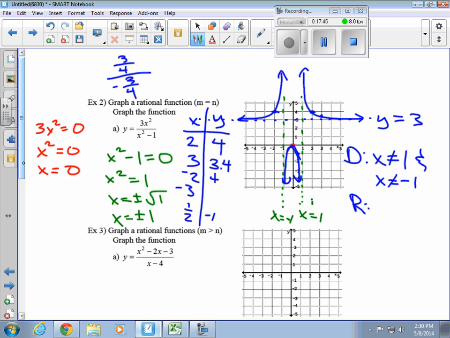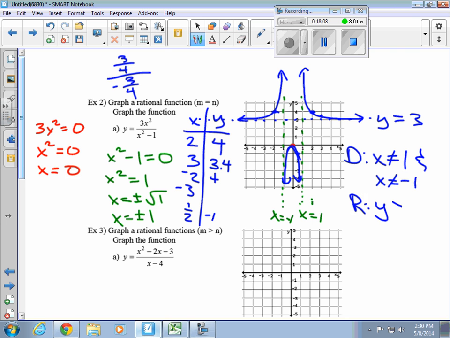How about a range? Okay, you're right. It can't equal 3. So it has to be greater than what? Okay, so there's part of it.